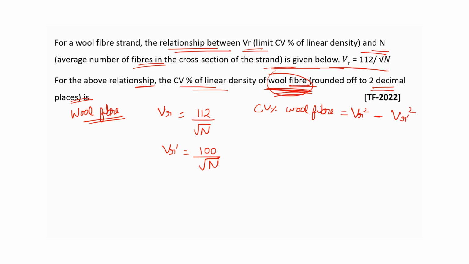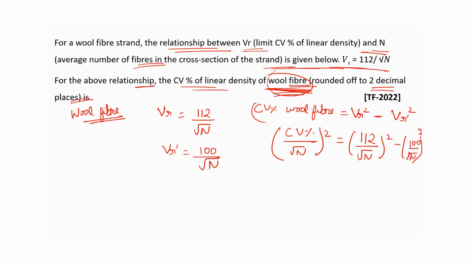This is the formula for the difference in the CV percent squared. So CV percent whole squared, CV upon root n whole squared, is equal to 112 upon root n squared minus 100 upon root n squared.